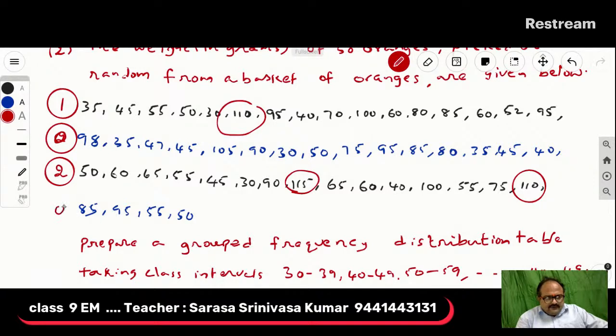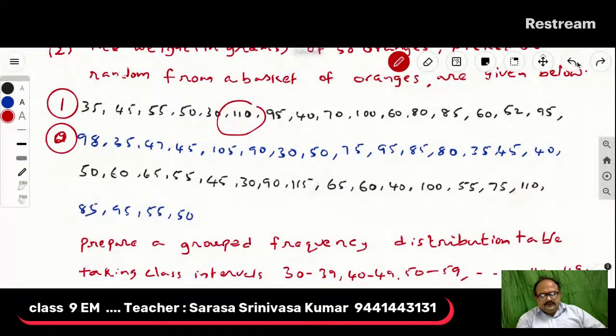No such oranges are there in row 4. So how many oranges are there having weight from 110 to 119 in this class interval? 1 plus 2 equals 3 oranges.